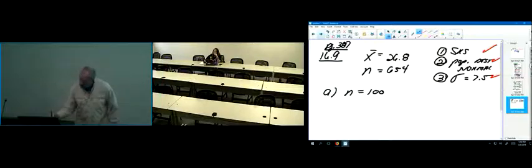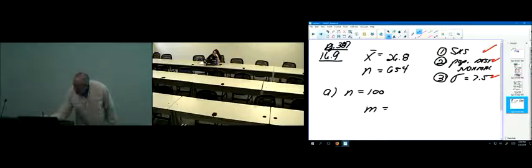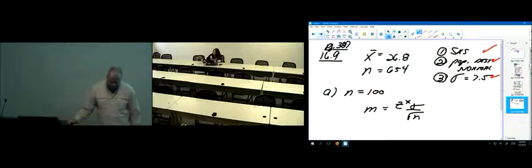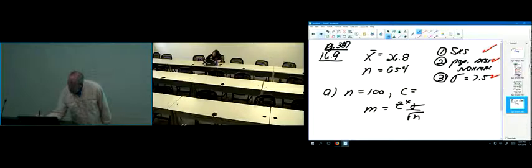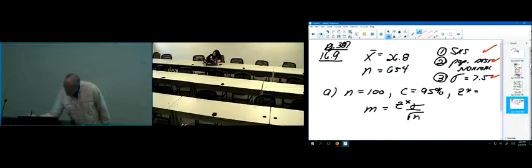What's the formula for my margin of error? I'm going to do it like this. My confidence level is 95%. Table C is going to give you z star is 1.96.